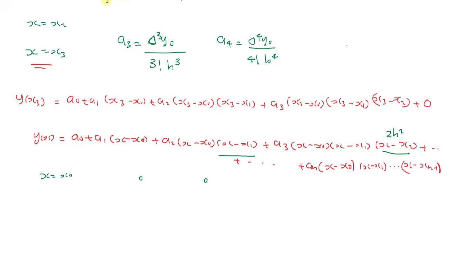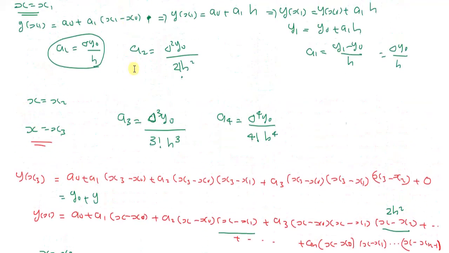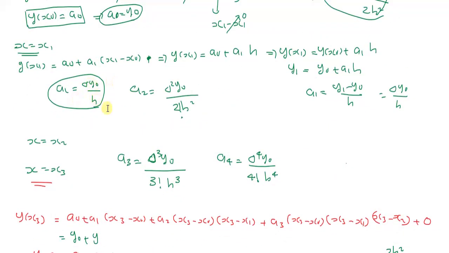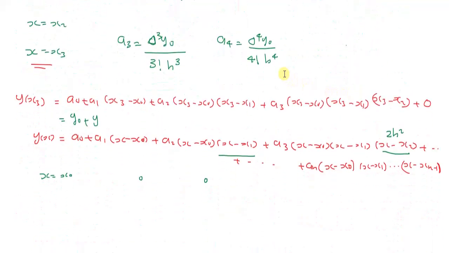Okay, so this will be equal to, what is a naught? A naught is y naught. a1 is equal to, we have already determined, a1 is equal to delta y naught by h or y1 minus y naught by h. So a1 is equal to y1 minus y naught by h.